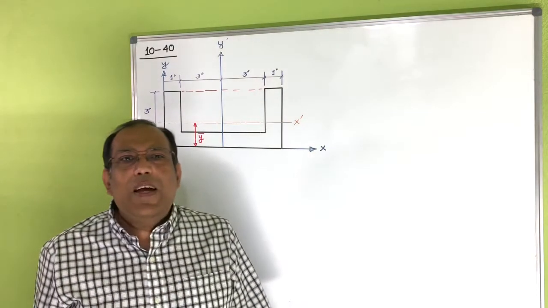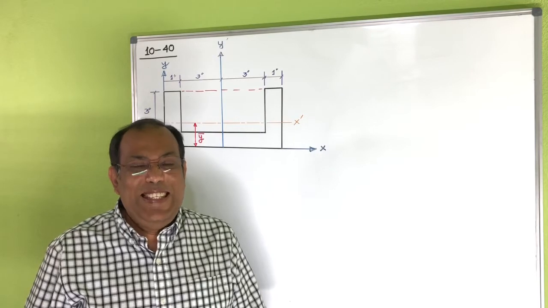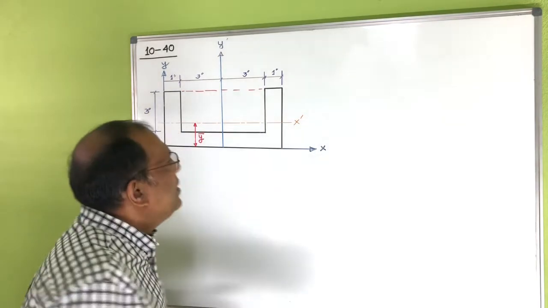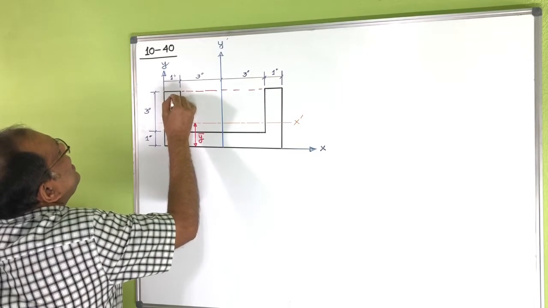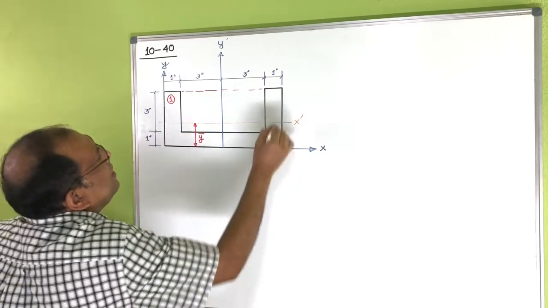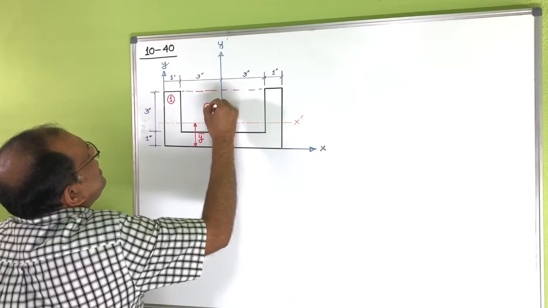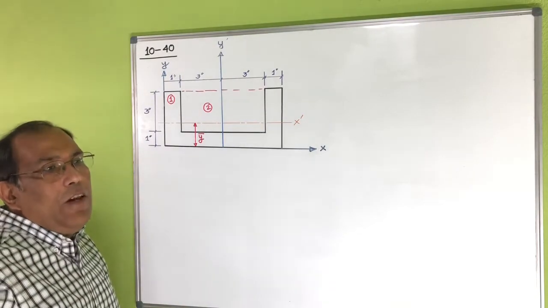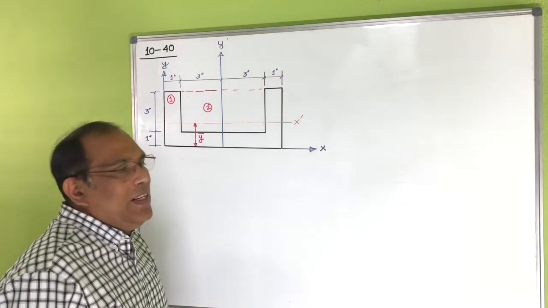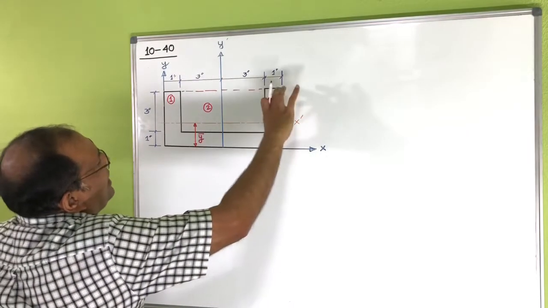Okay, so I have only two regular shapes. That would be much easier to handle. So let's say this is the bigger rectangle minus this smaller rectangle.